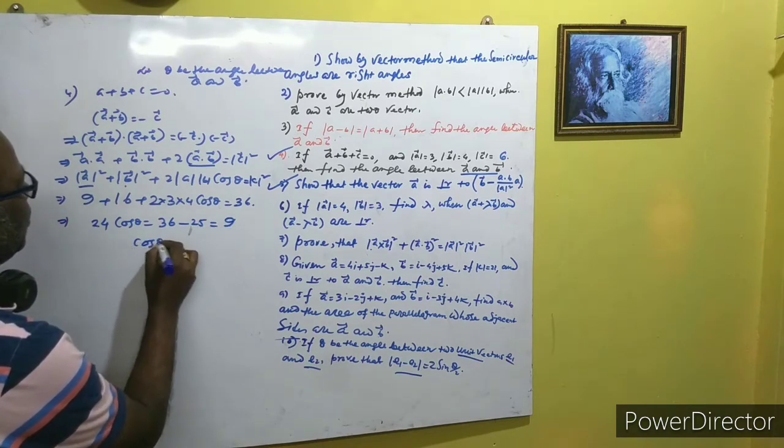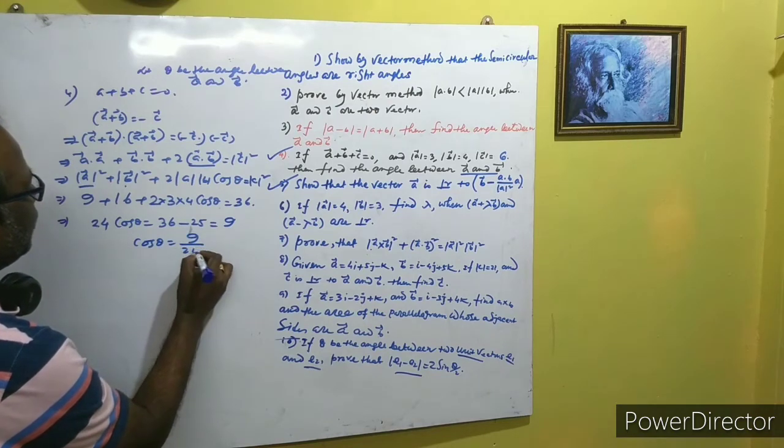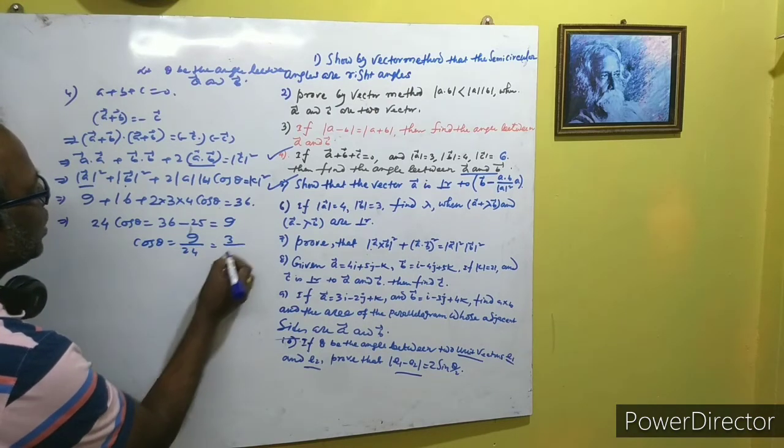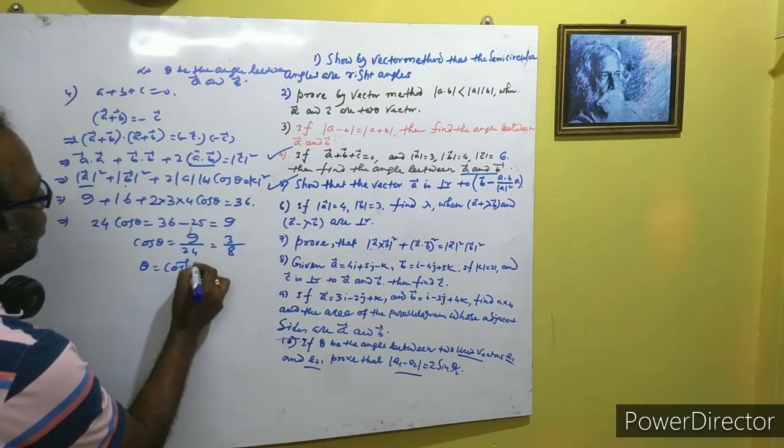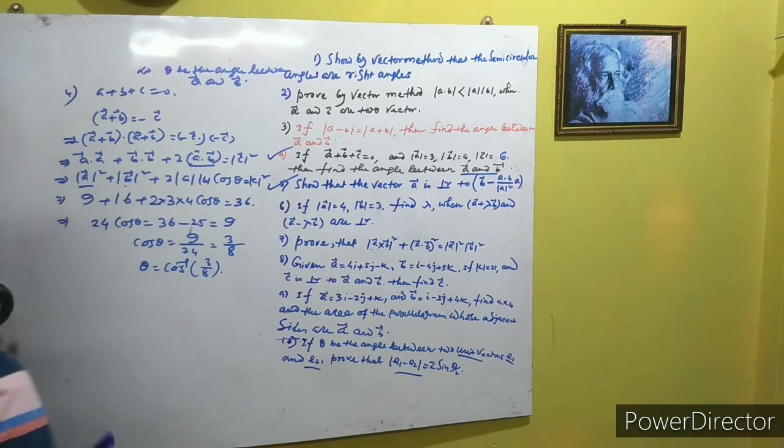So cos theta is equal to 9 by 24, that is 3 by 8. So therefore cos theta equals 3 by 8 here. This is the angle between the two vectors.